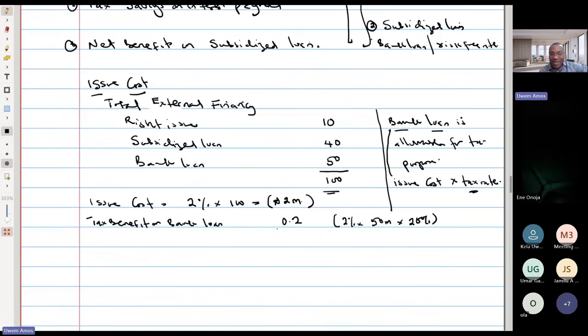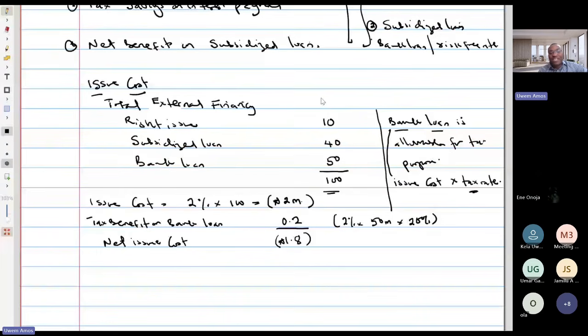So our net issue cost will be 1.8 negative. So please always look out for whether or not the issue cost has some tax benefit. If it doesn't, we just do our calculation and move on. But if it has some tax benefit, then we need to account for it.